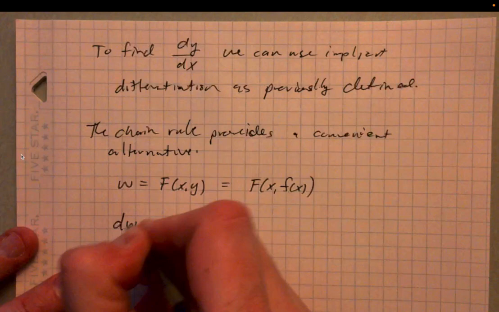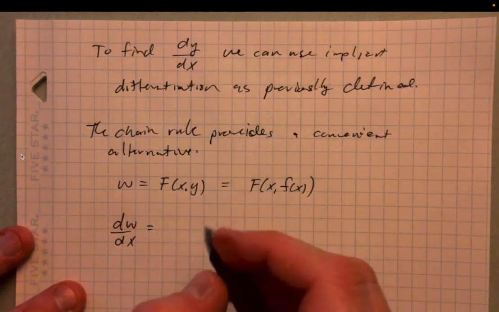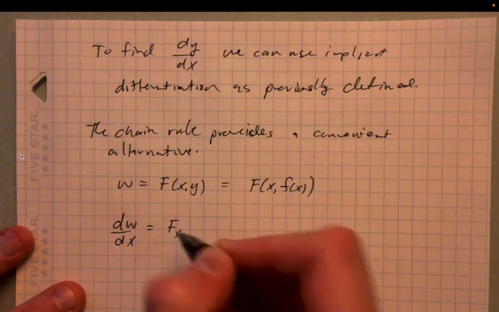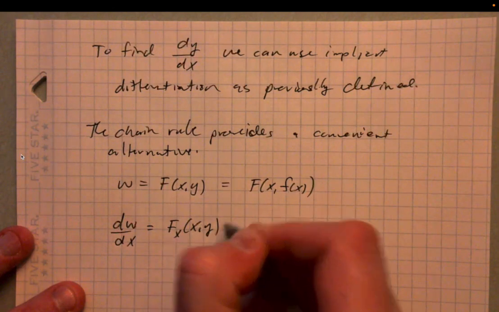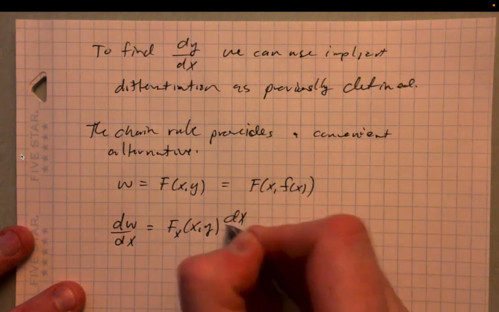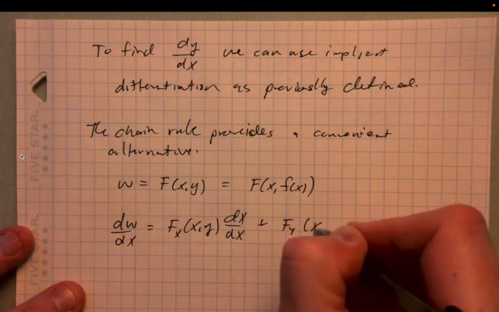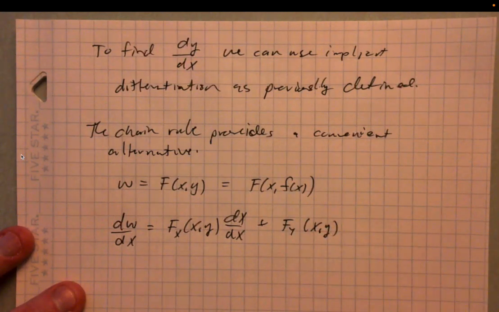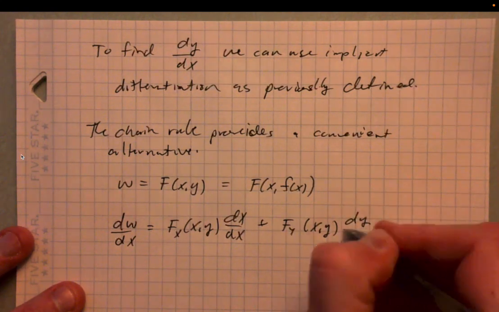So dw/dx, you could write it like this: the partial of F with respect to x of (x, y) times dx/dx, plus the partial of F with respect to y of (x, y) times dy/dx.